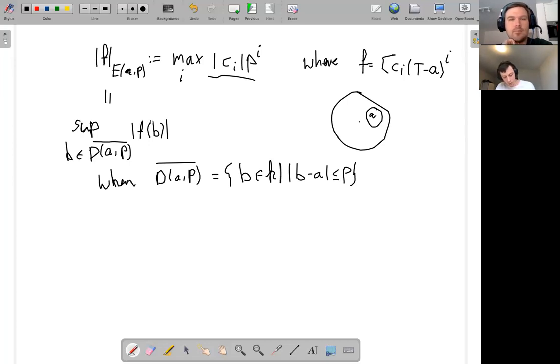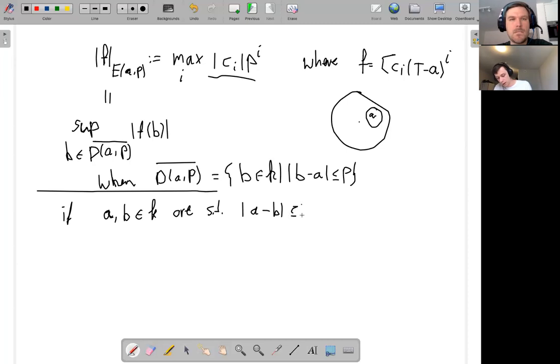Now here's an important remark. If A and B, elements of the field, are such that the distance between them is less than or equal to P, then the corresponding disks they define with radius P are equal.